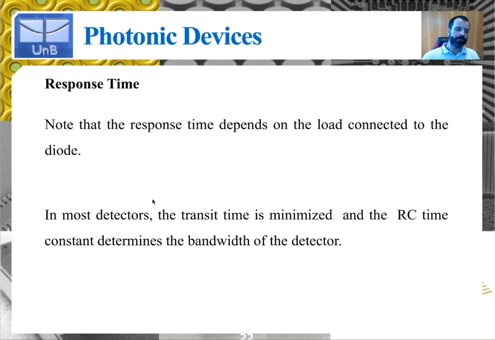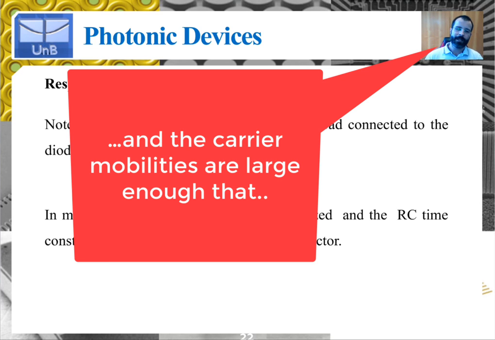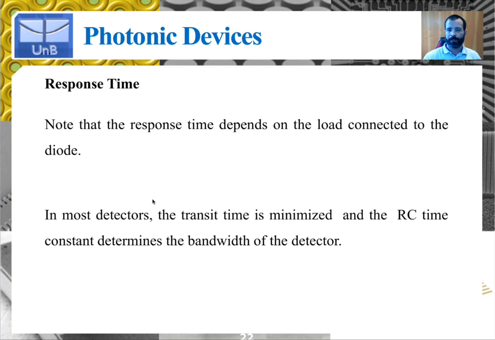So the length of the depletion region is small enough that the transit time is not a big issue, and the RC time constant is actually going to be, in most cases, the parameter that determines the bandwidth of the detector. So the limiting factor here usually is the RC time constant rather than the transit time. But this is for most photodiodes in any case.